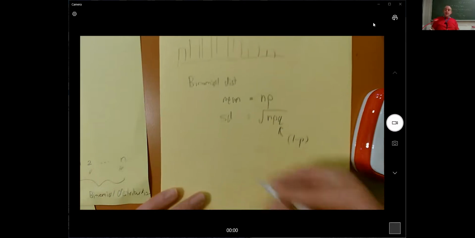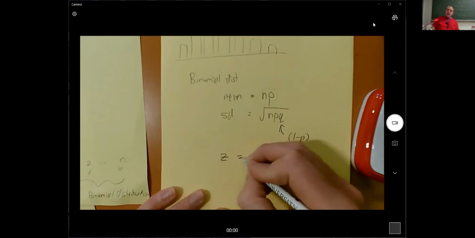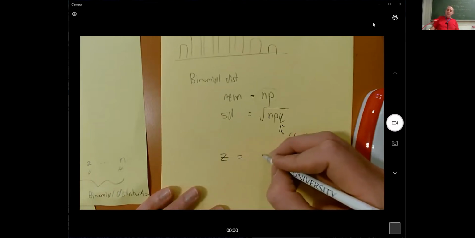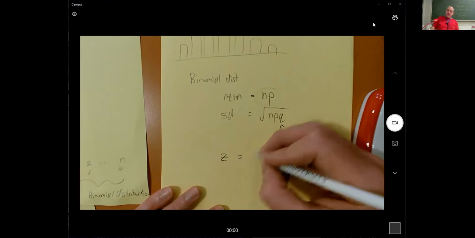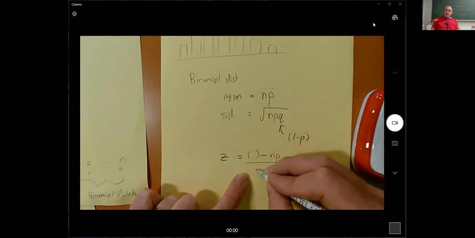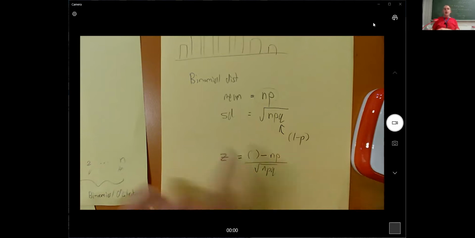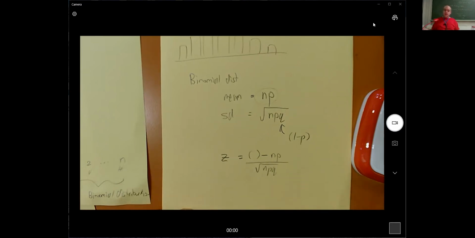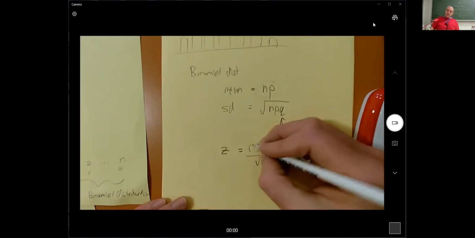And if you take, so whatever this x is, if you take off the mean and you divide by the standard deviation, you'll get a standard normal distribution, a z distribution, the one in the z table. And even better, so this is whatever x is.